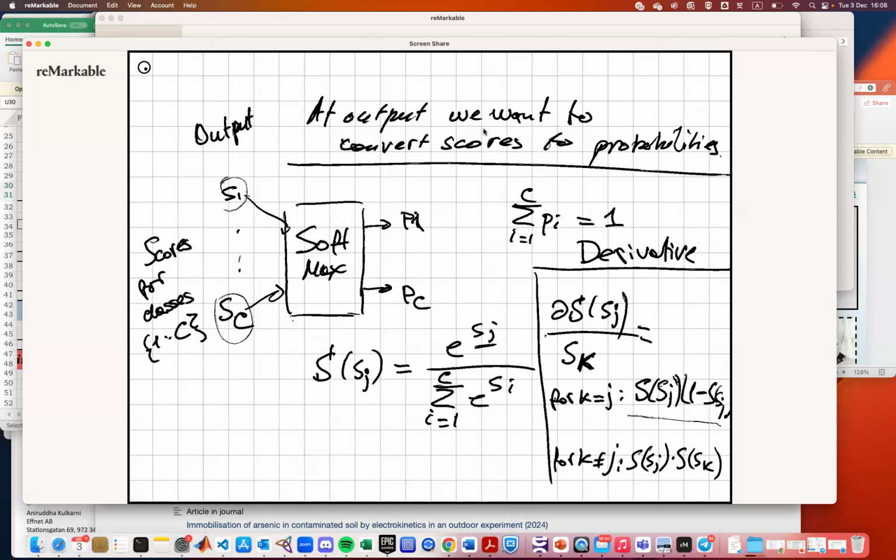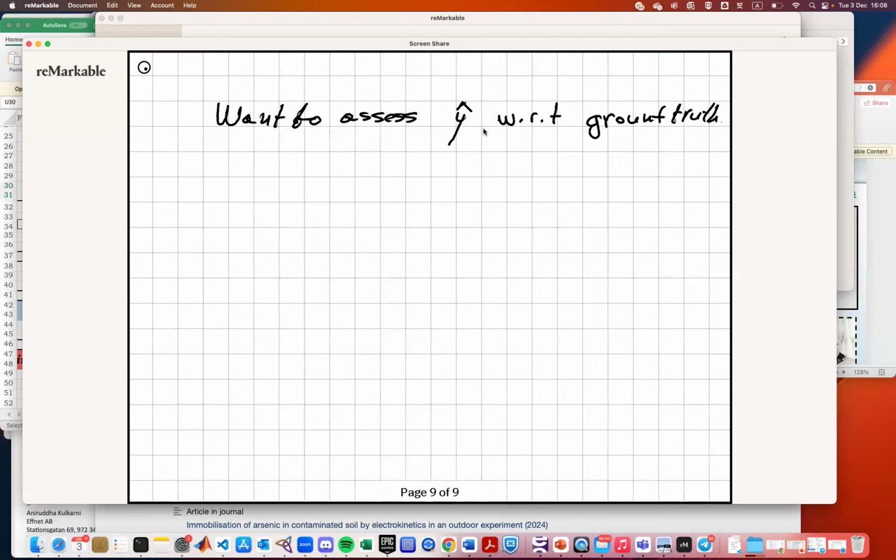So here at the output we will have real values. Most of them will be smaller than the desired output of one of the categories, and we want to compare it to the real outcome. And for this, we use something which is called cross entropy.